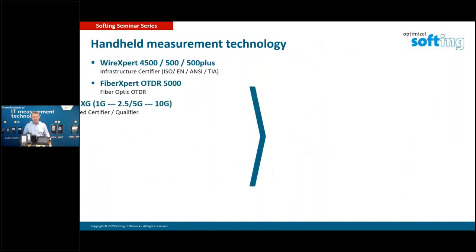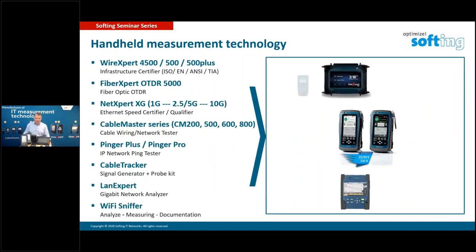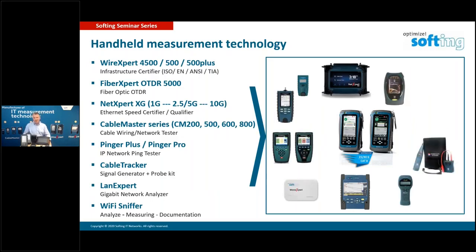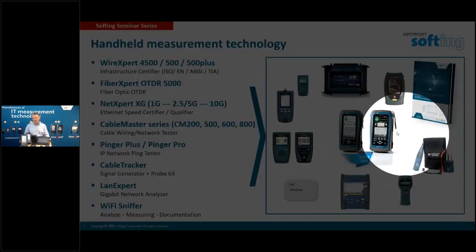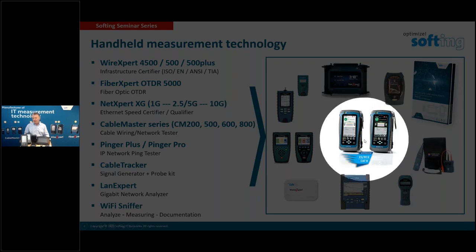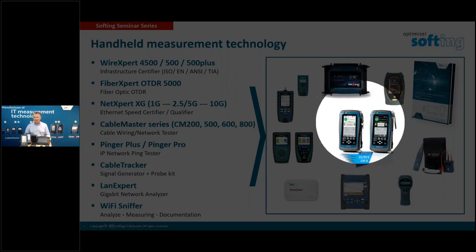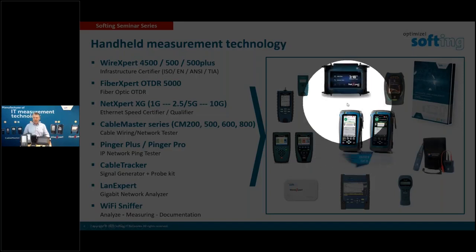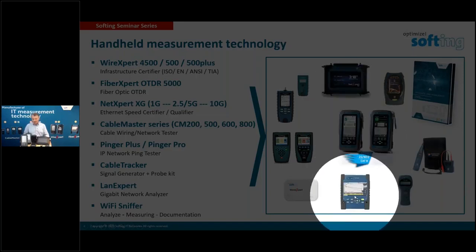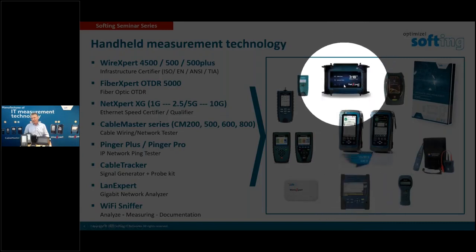Okay, let's go ahead. What we are doing: I just mentioned that we develop and manufacture handheld measurement equipment. One is our most famous product, the Wire Expert, which is a certifier. You will see it later on. Then it goes to the Fiber Expert, the OTDR, and to our newest product, the Ethernet Speed Certifier, or we call it Qualifier.